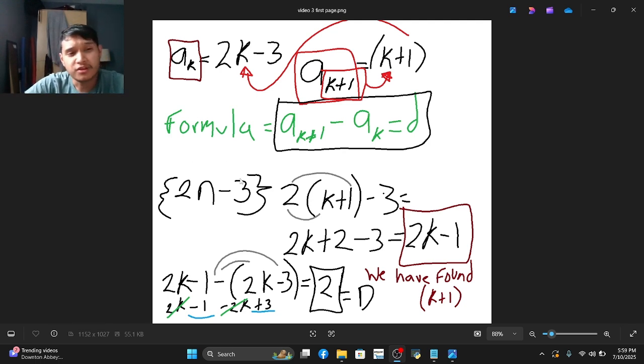If you don't understand what I'm saying right now, we are only substituting the n, because the n in this case is k plus 1, and the minus 3 stays the same.